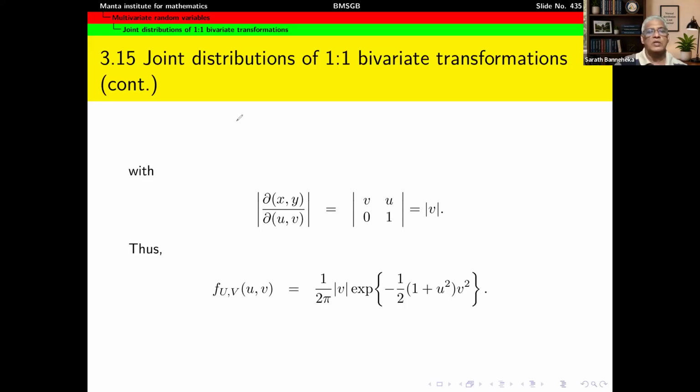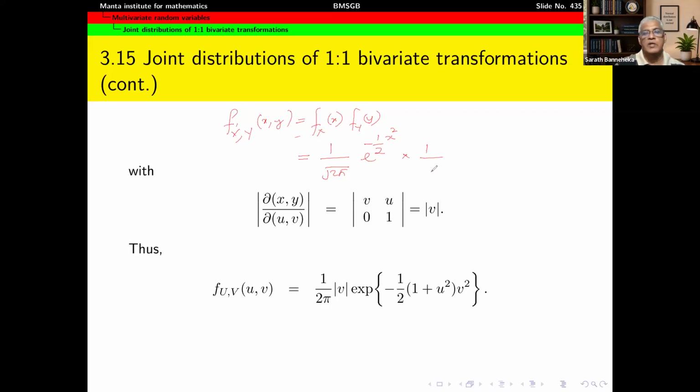The joint density of x and y will be the product of the two densities because x and y are independent. So this will be 1 over root 2 pi sigma e to the power minus half of x minus mu over rho squared, that is the density function.